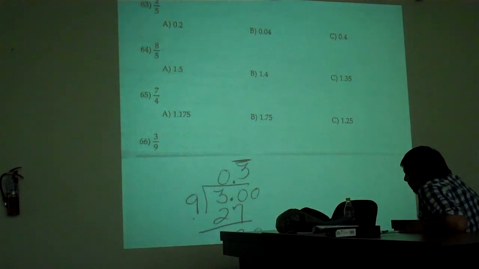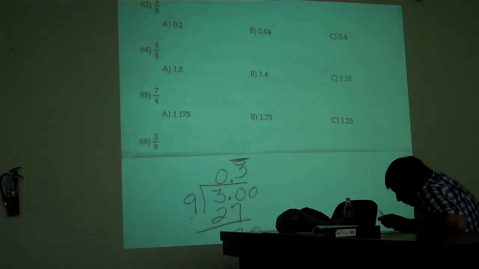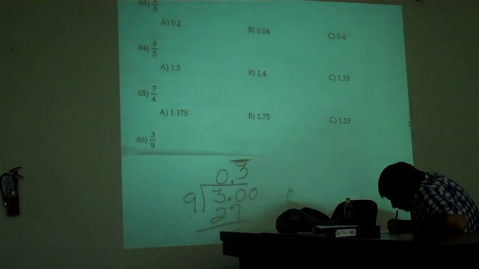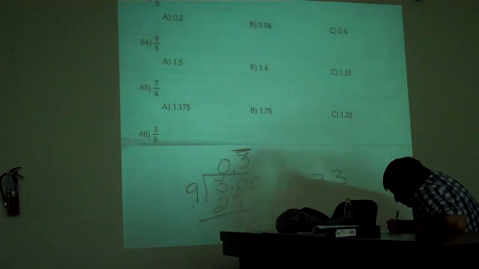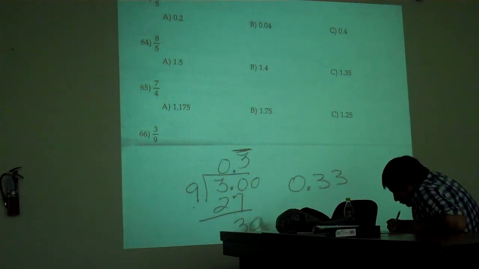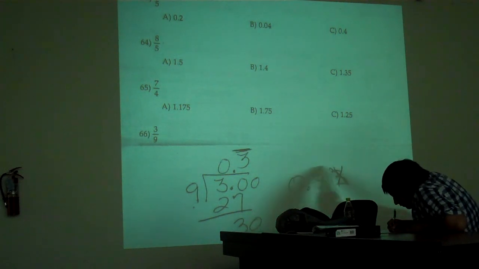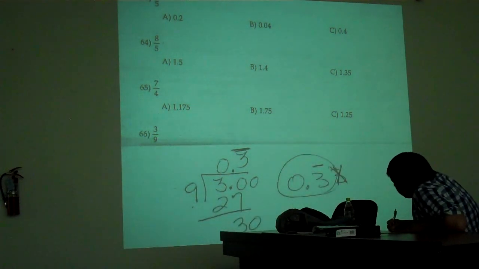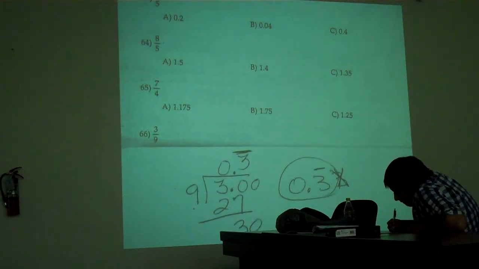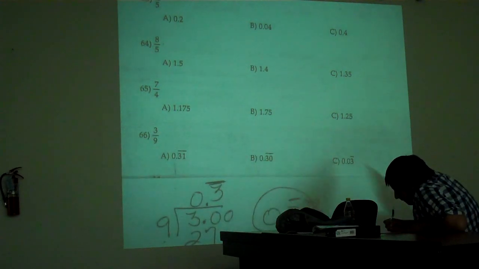Put a repeating sign over the 3. You only need to write the 3 once. You don't need to write 0.33 and then put it here. You just need to write it one time, because you see already that it's going to repeat. Okay, that one's a 0.3 repeating.